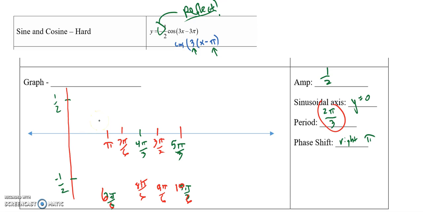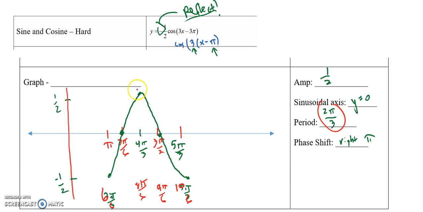So normally cosine at 0 would start at its maximum, so it would be starting up here, and then I'm shifting it to the right, but now I'm reflecting, so I'm actually going to start at my minimum. Then cosine goes to the middle, then it's going to go to its other extreme, in this case a maximum because it's reflected, then back to the middle, and then back to where it started. And this is one period of this new cosine function.